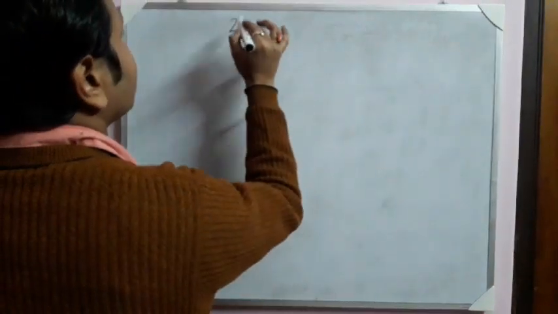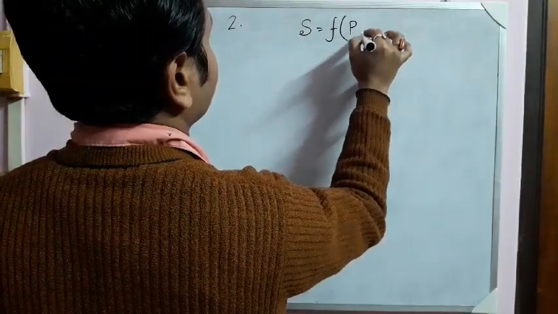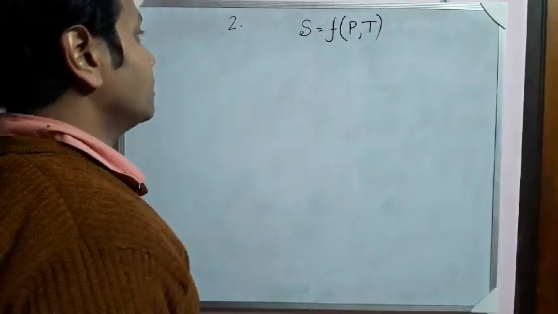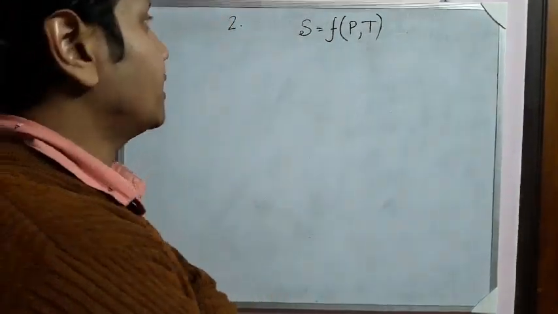To derive the second T dS equation, we have to assume the entropy as a function of pressure and temperature.